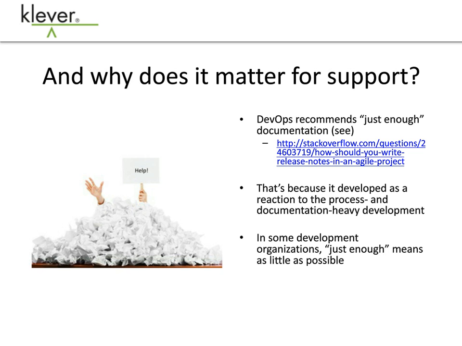And lots of us in support organizations are used to having access to those kinds of documents. What's challenging and interesting is that DevOps recommends that we create just enough documentation. So what "just enough" means becomes the core sticking point for support.